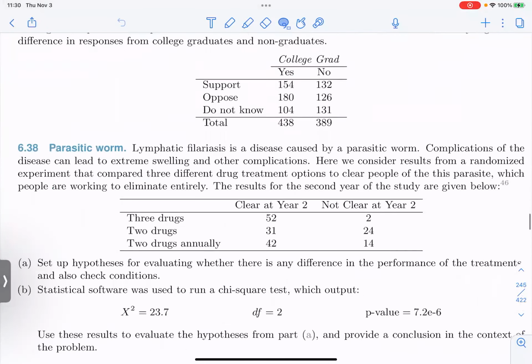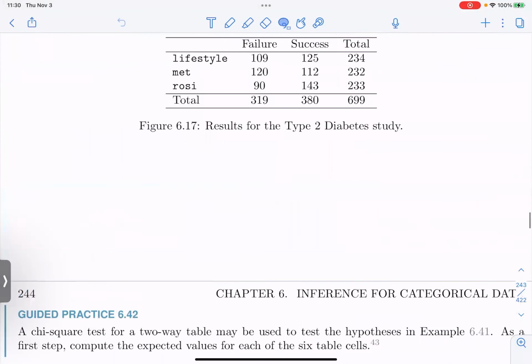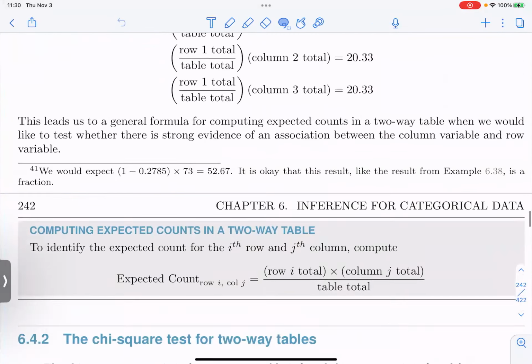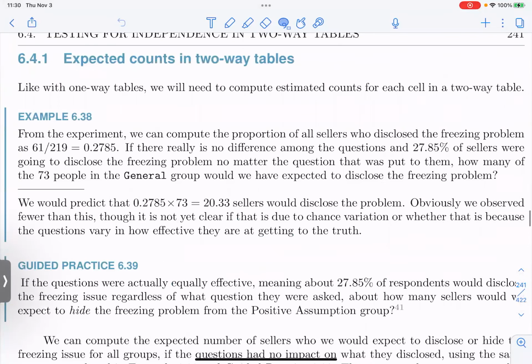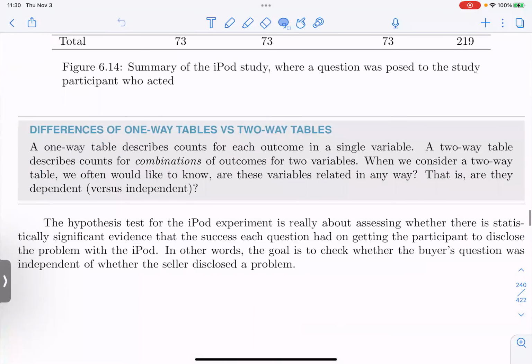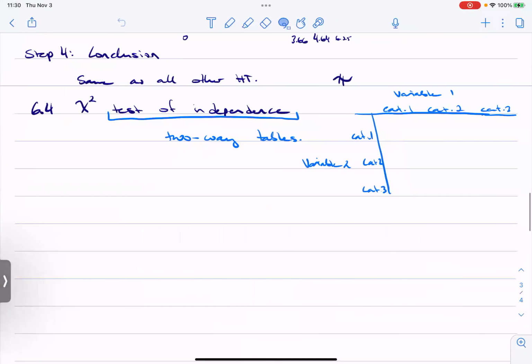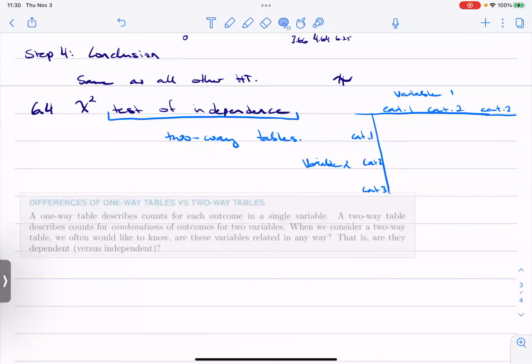Now I can scroll. Because the textbook does explain the difference between a one-way table and a two-way table. So in case I haven't been clear enough, this might help.